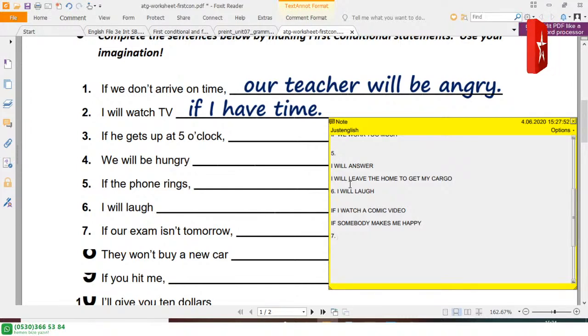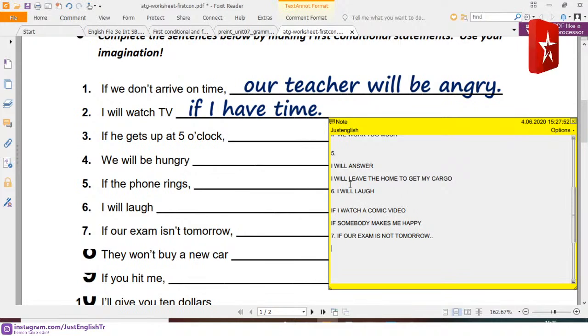If our exam isn't tomorrow, what's going to happen for number 7?